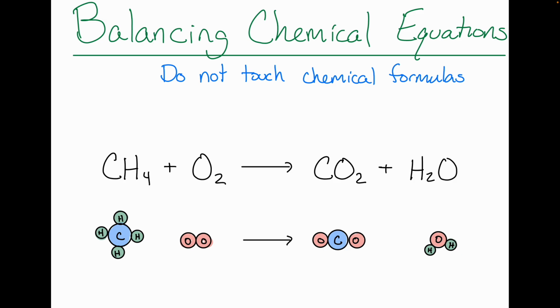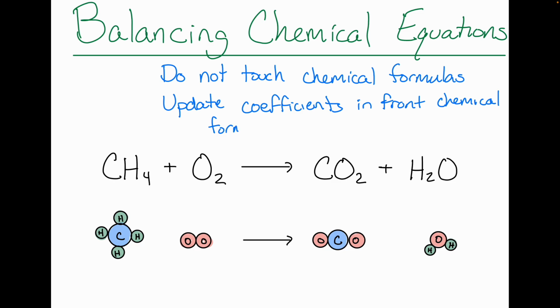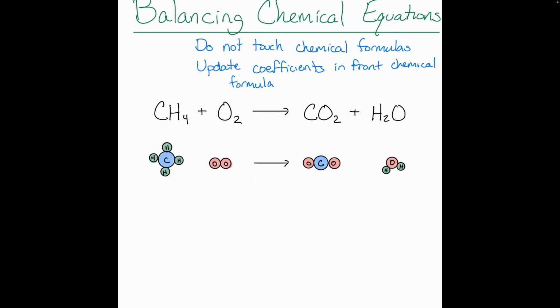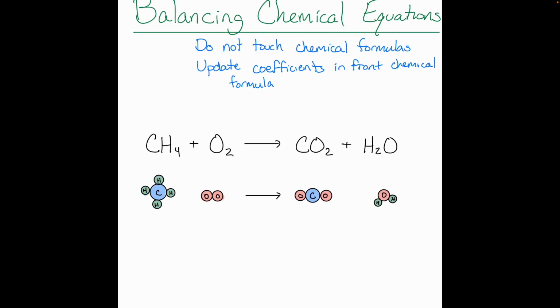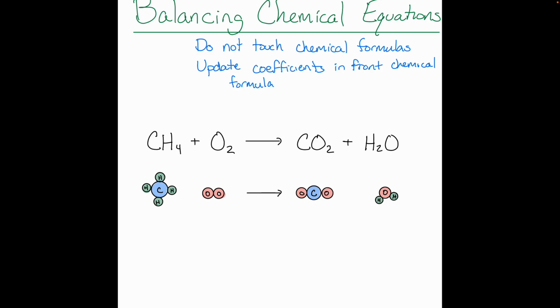Okay? What we're going to do instead is update the coefficients in front of each chemical formula. All right, what do I mean by that? Well, we have not seen these yet, but out front of each of these chemical formulas is what's called a coefficient, a number telling you how many of those molecules are involved in that chemical reaction.